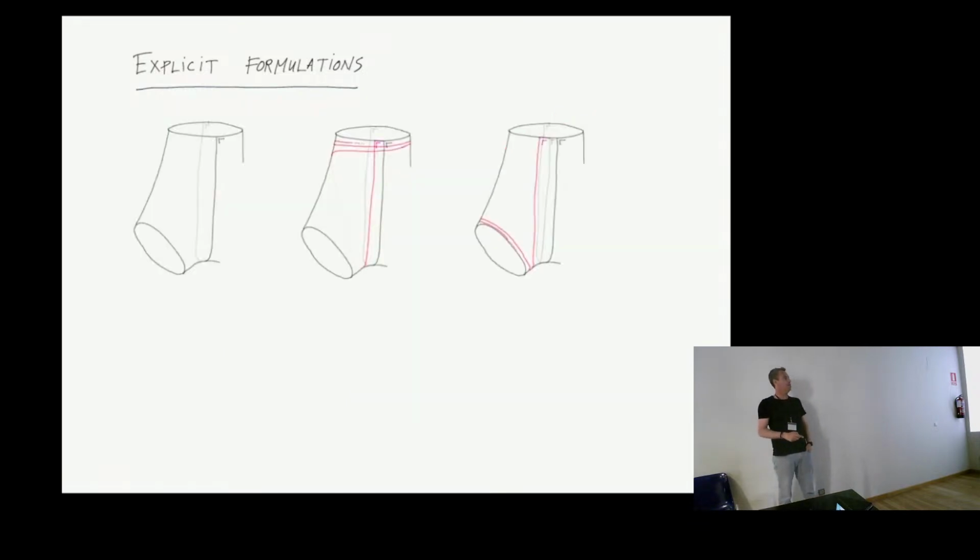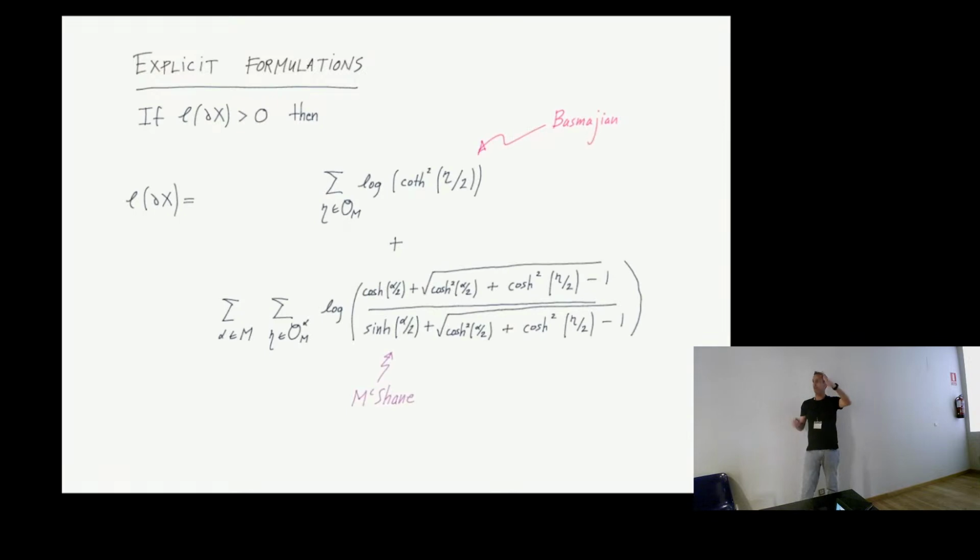So, in general, just as a philosophical statement, when you look at the McShane identity, you have a whole pair of pants, and just because the pair of pants is determined by the three boundary lengths, whatever you're measuring is going to depend on the three boundary lengths. But what this is saying is slightly different.